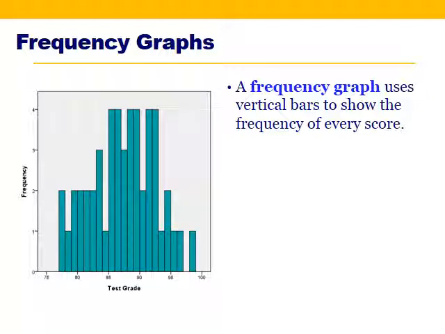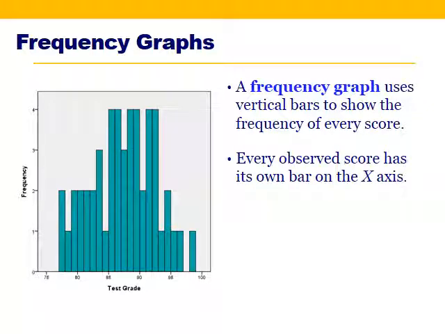So this is an example of a frequency graph from SPSS that displays the same data that were shown on the previous slide. Note that on the x-axis down here, every exam score gets its own bar. So there's a bar for 77, a bar for 78, a bar for 79, a bar for 80, and so on.